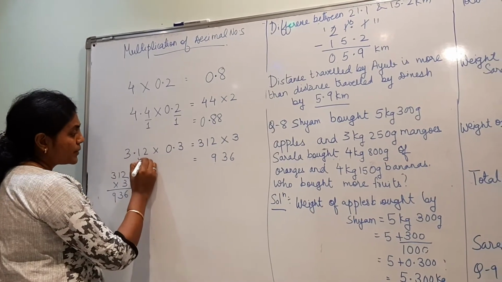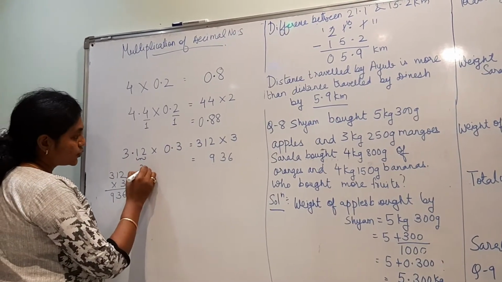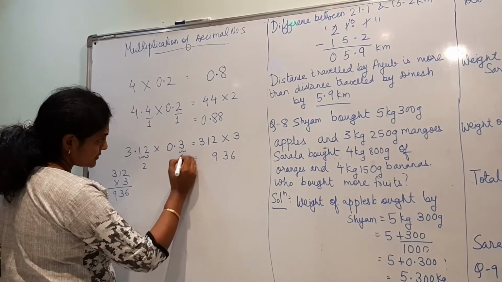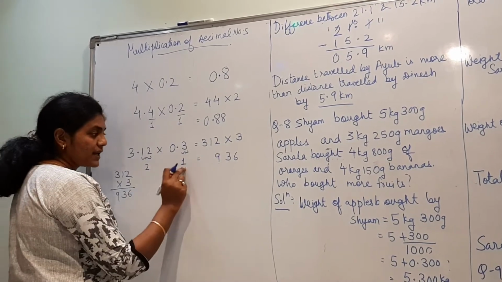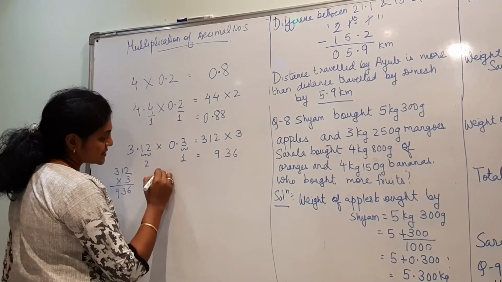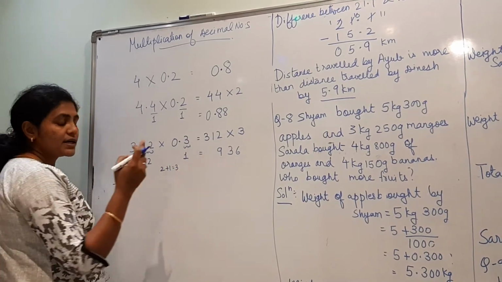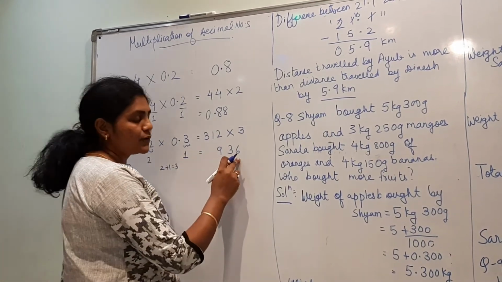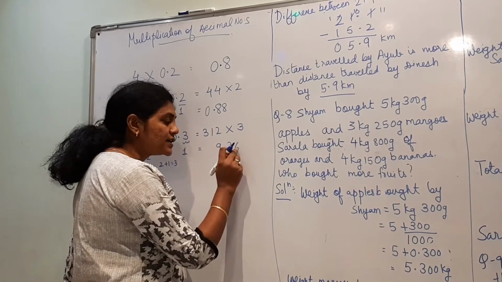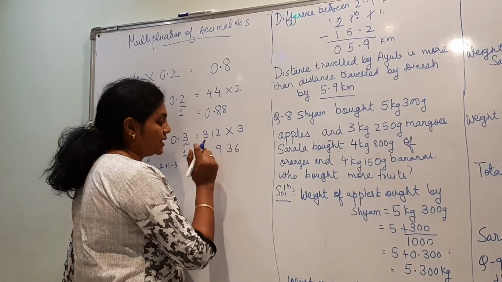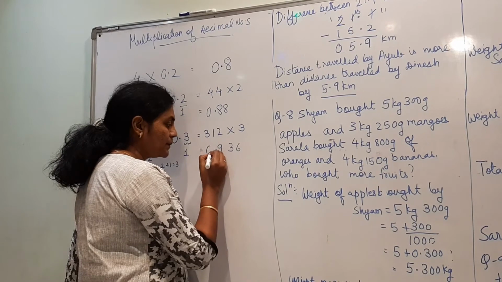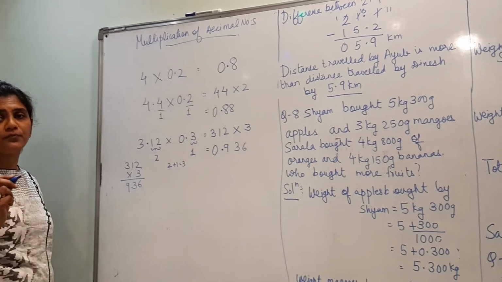After decimal, how many digits are there? 2. Here 1. So I will add 2 plus 1 is 3. Now my decimal in the result will be before 3 digits. So 0.936.